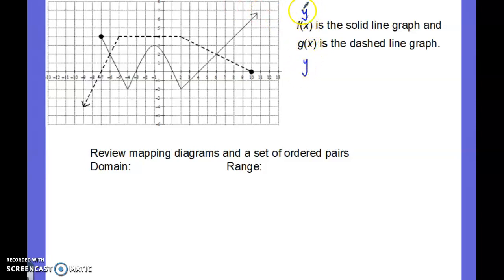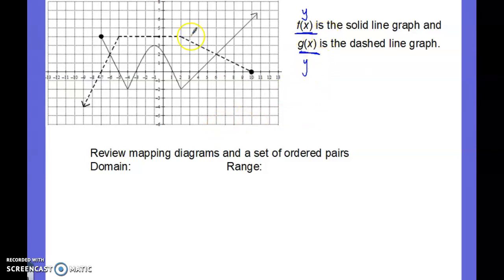Well, the problem is if you were to put both of those on the same graph, you would be confused which one is which. If you said y is a solid line and y is a dashed line, well, which one is which? Now by defining it with functions, f of x and g of x, you can look at this and clearly understand what's happening.